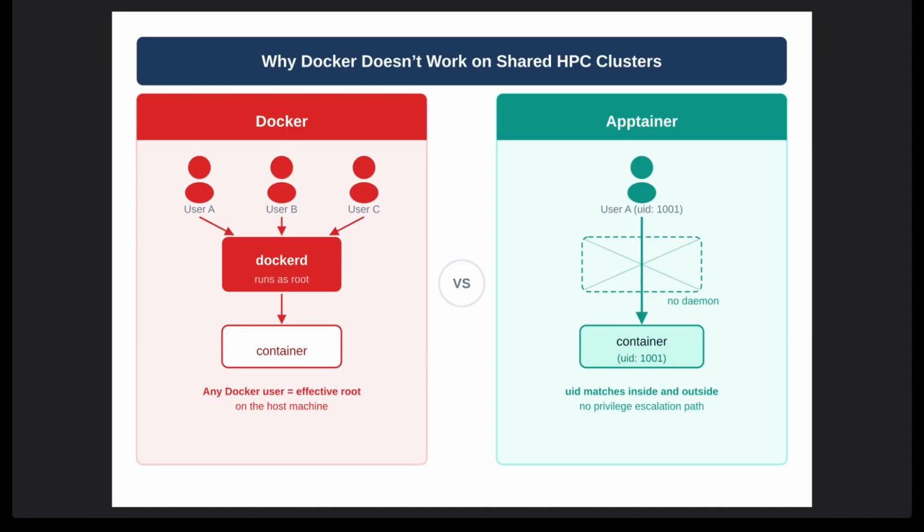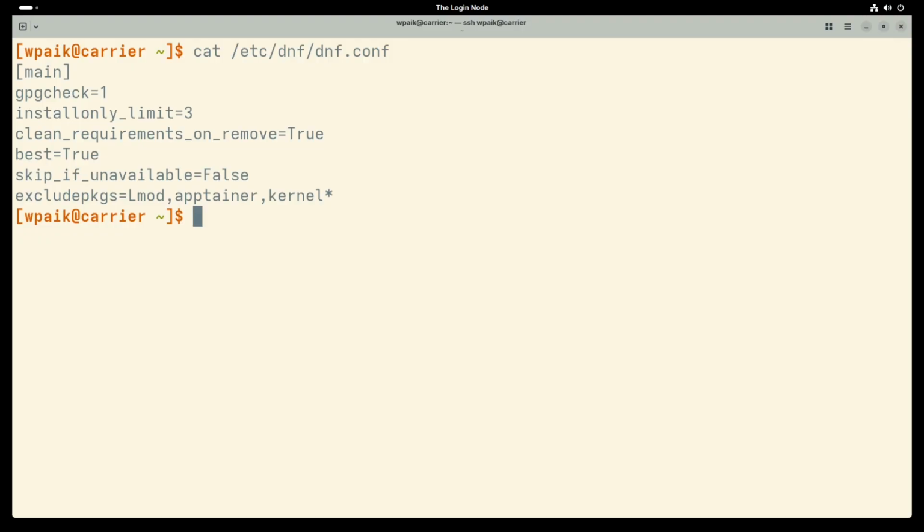Apptainer pulls and runs Docker images directly. We can pin it the same way we pinned Lmod, in /etc/dnf/dnf.conf, adding an exclude packages line with Lmod, Apptainer, and kernel. Since we do not want them to be updated automatically, we tell the package manager to exclude them from the list.